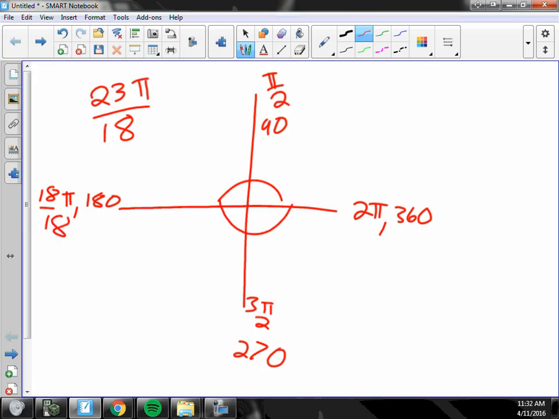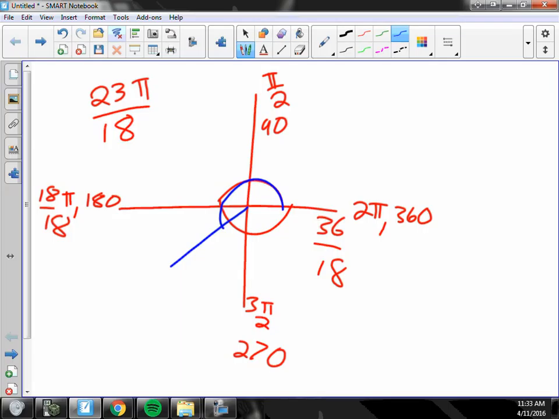The bottom half would be 36 over 18. So 23 pi over 18, is it closer to 18 or is it closer to 36? How close is it to 18? 5. So we go around the top half and 5 more. What's the reference angle? 5/18 pi. 5 pi over 18.